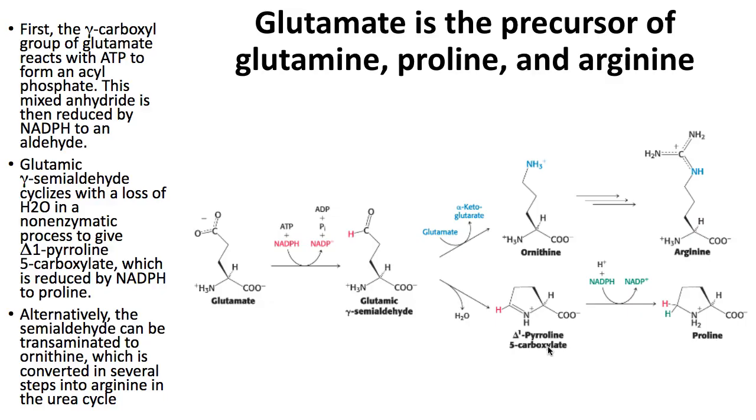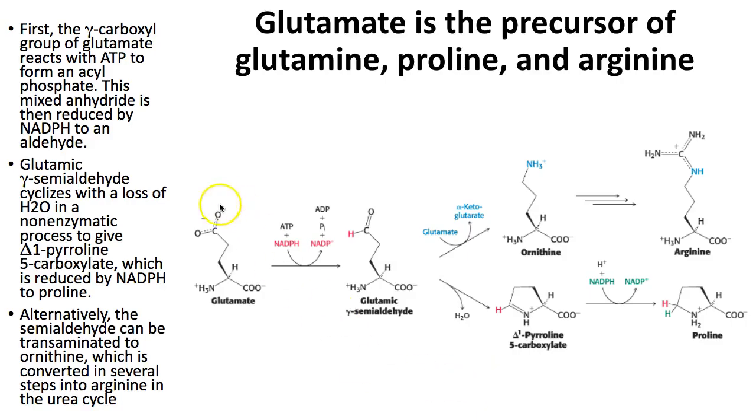And then as far as glutamate, that is a precursor for glutamine, proline, and arginine. We already previously discussed glutamate into glutamine, but this slide talks about glutamate to proline and arginine.